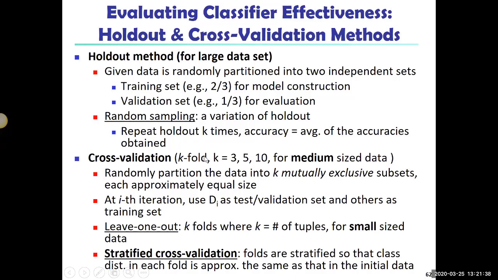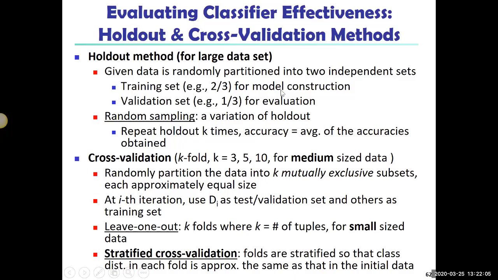The difference is that in cross-validation the partitions are mutually exclusive. Every run uses completely different test and training sets from the next run. In holdout, you just partition the data into two independent sets, and when you repeat it, there could be overlap.